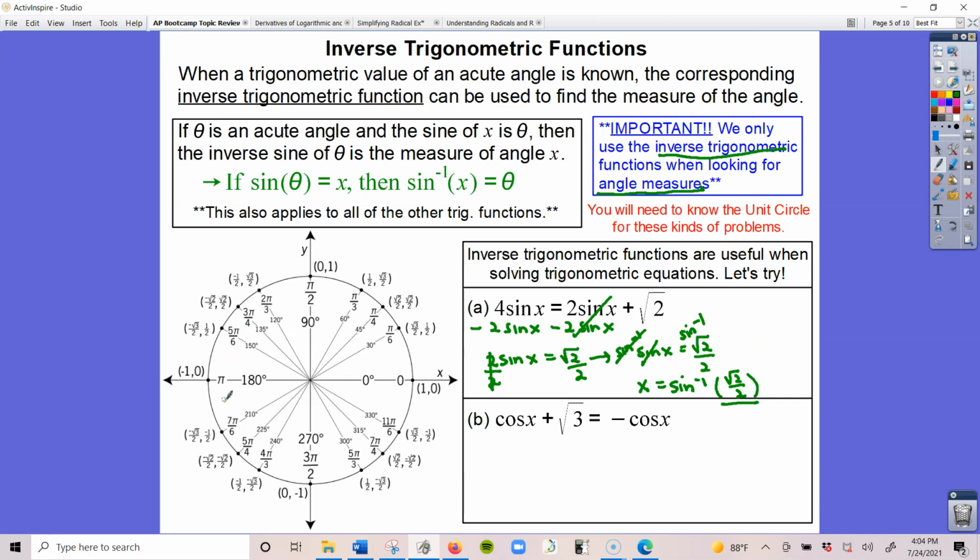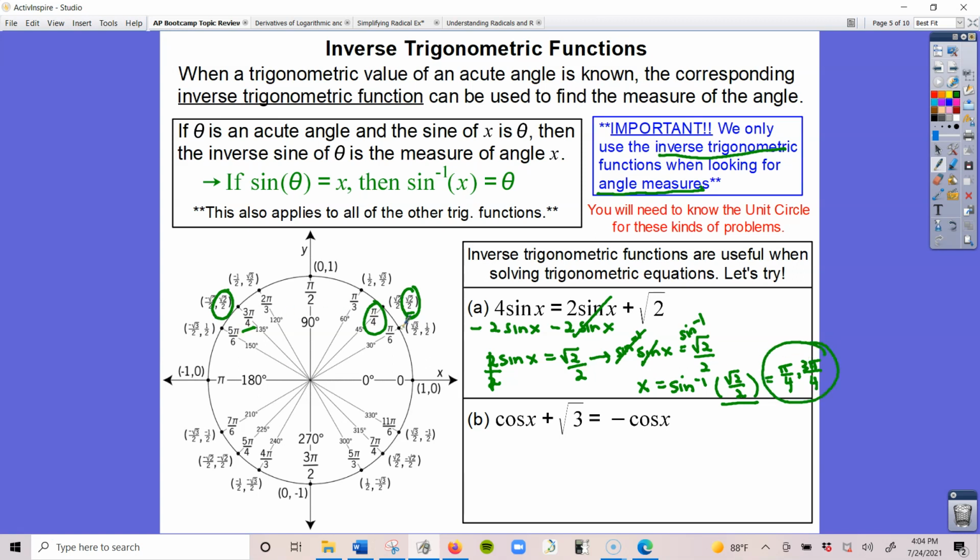So we're going to look here on my unit circle at all of the sine values and see which ones equal the square root of 2 over 2. So we have this one here, which is pi over 4. And over here, which is 3 pi over 4. So these are my 2 answers.